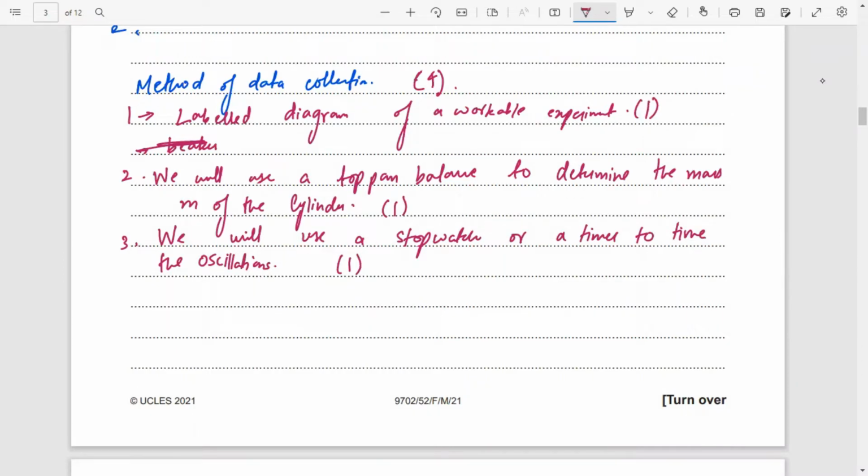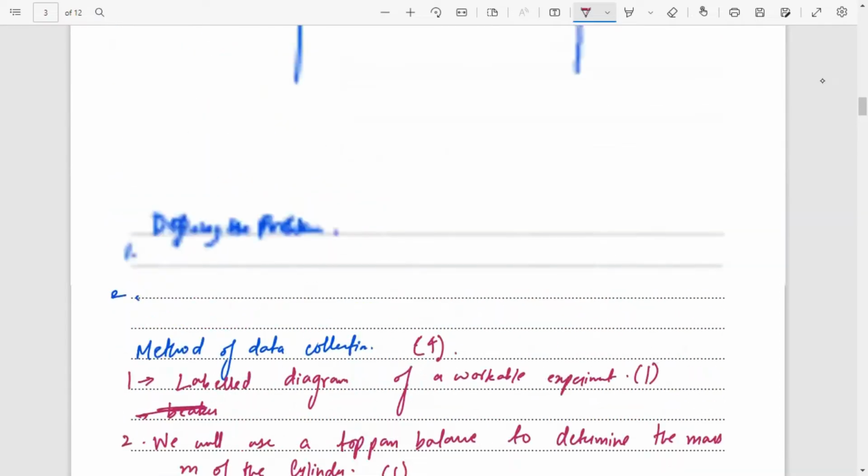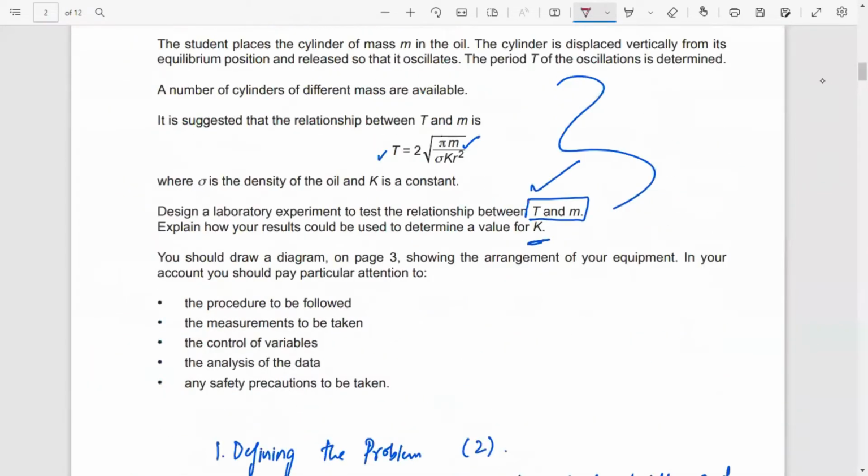You will use a vernier caliper in order to, or you can use, if it's a very small diameter, then you can use a micrometer screw gauge. So how will you determine the diameter D of the cylinder? आप देखिए, आप इस वक्त लैब में हैं और आपने इक्वेशन पे जाना है और डेटा पे जाना है. आपके पास ये दोनों वेरिएबल्स बड़े इंपॉर्टेंट हैं और आपने जिस चीज को कांस्टेंट रखा है उसको भी आपने मेजर करना है ना.